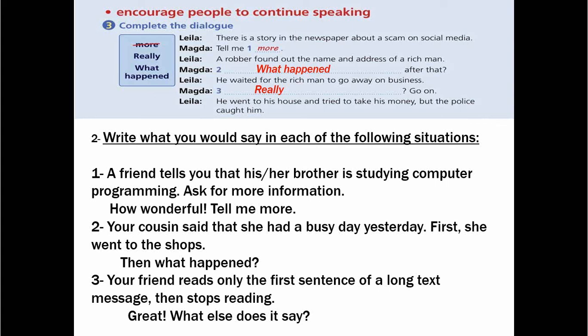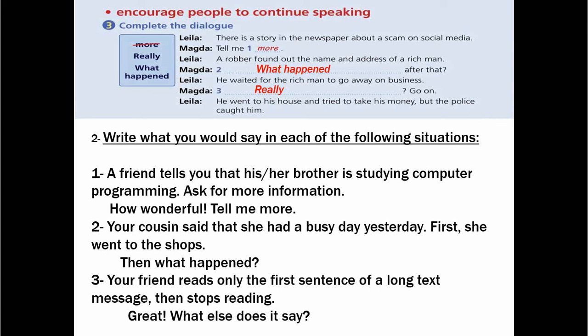Another exercise. Write what would you say in each of the following situations. Number 1, a friend tells you that her brother is studying computer programming. Ask for more information. The answer is, how wonderful, tell me more. Number 2, your cousin said that she had a busy day yesterday.